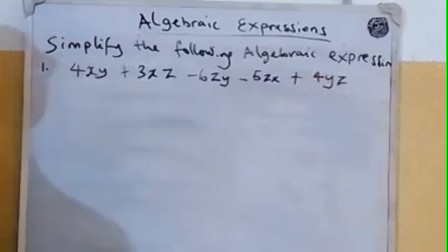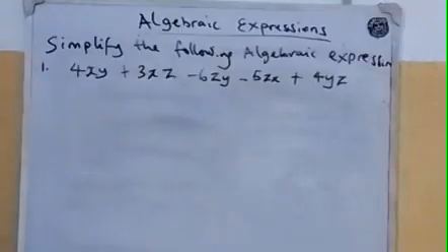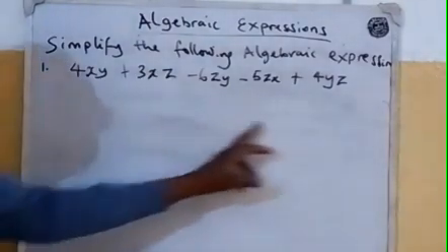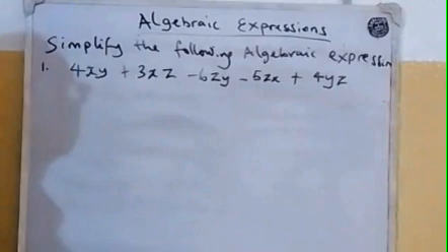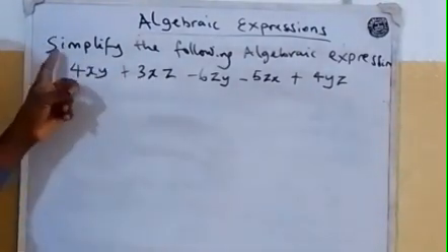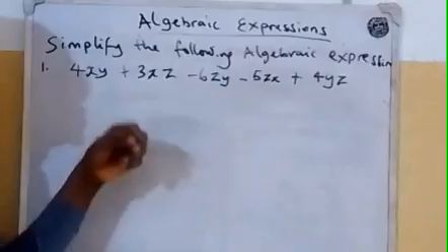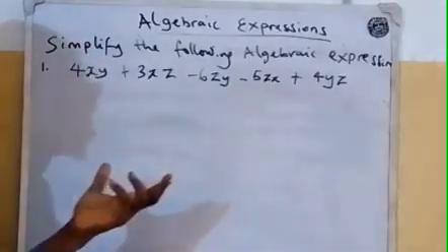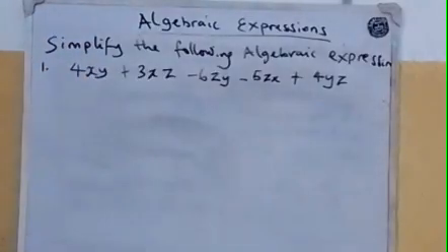4yz. Simplify. If you see the word simplify in the question, what they are trying to tell you is that you should make the question simpler. Sometimes people are scared of this kind of instruction in mathematics: simplify, evaluate, compute, and so on.